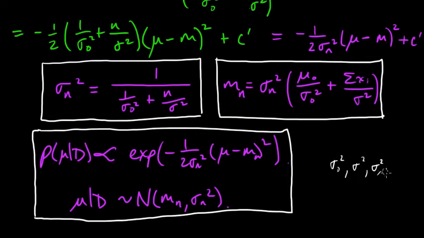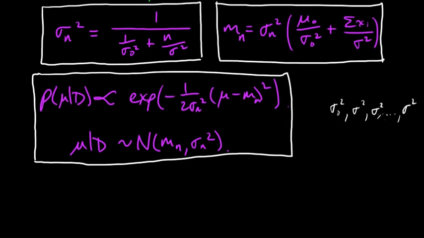So that's a nifty little way to remember this identity: it's the harmonic mean of these numbers divided by n plus 1. And this part here is the mean of the posterior distribution, and in fact this also equals the MAP estimate for mu, the maximum a posteriori, because for a Gaussian the maximum of the distribution occurs at the mean.